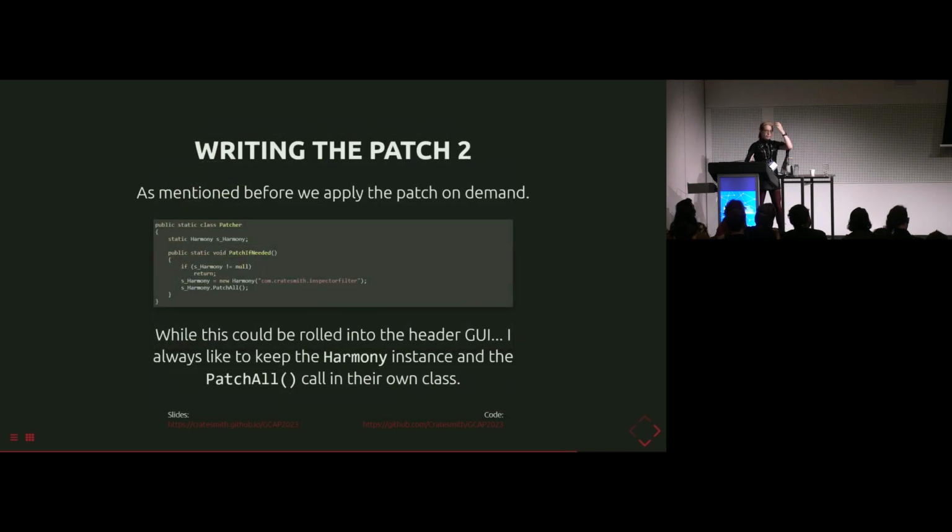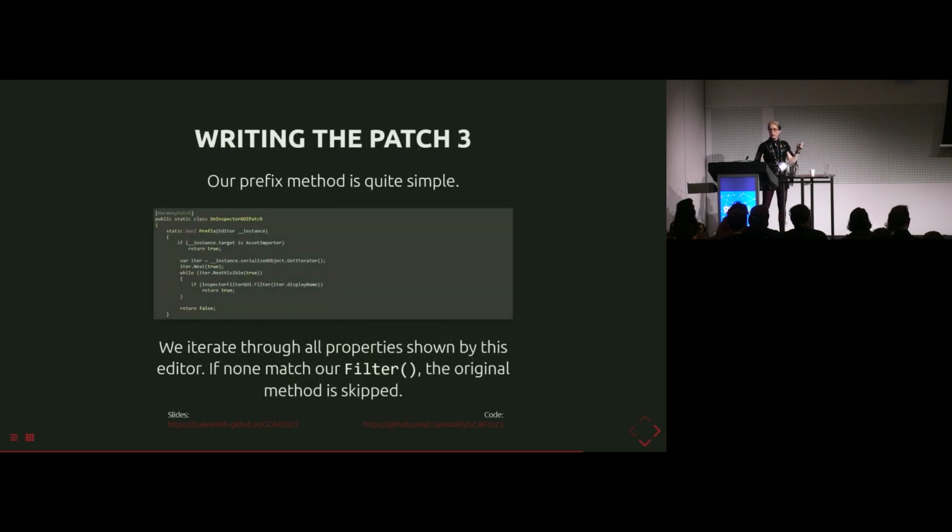So as I said before, we have our patcher class. I like to keep the patcher separate from the patches. It has a Harmony instance that it keeps. If it already is made, don't remake it. If it isn't made, we create the patch, name it, and call PatchAll with it. Our prefix method is relatively simple. We grab the editor, we grab the serialized object that it's looking at, and we just start looping through its properties.